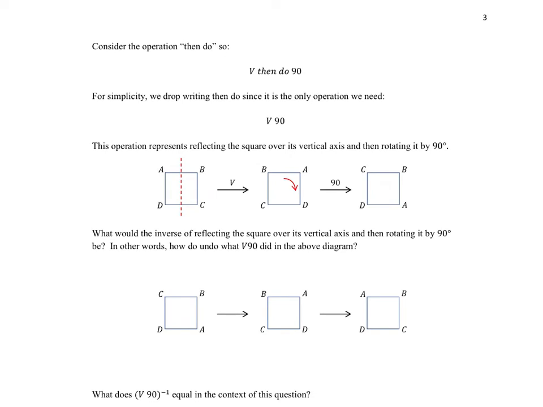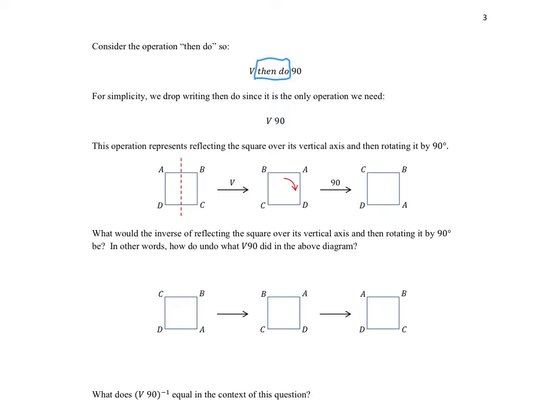Okay, so now that we've built our set of 8 different motions on the square, we can now introduce an operation to perform on those elements of our set. Our operation is going to be called "then do." And simply put, it means do one thing and then do the other thing afterwards. And for simplicity, we're going to drop writing "then do" every time because it will get a little bit tiresome to keep writing it over and over.